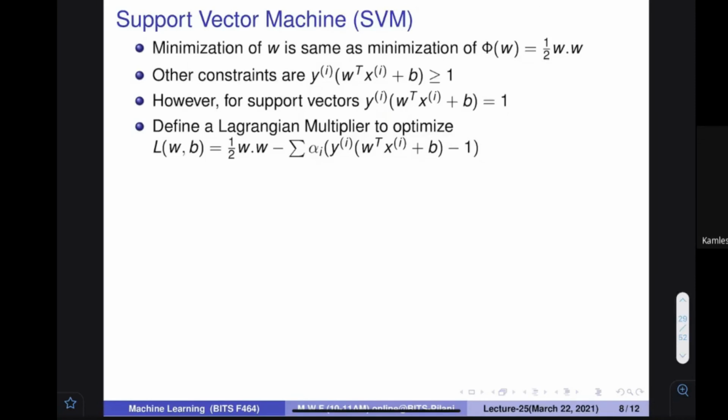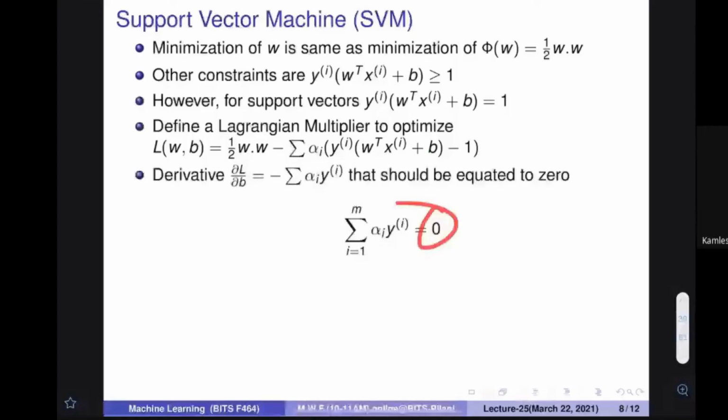Okay. So if I want to find out the values of b and W, I set the derivatives to 0. So let me find the derivative of this with respect to b. With respect to b, the first part does not have any b, so it vanishes. In the second part, b is multiplied with alpha i yi.